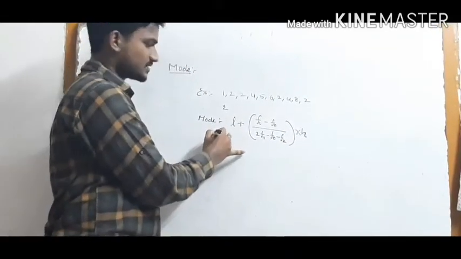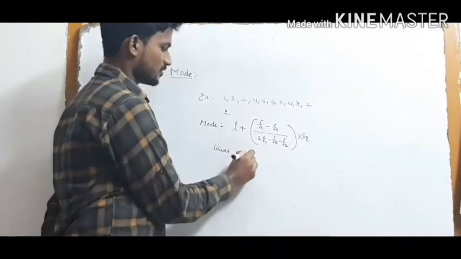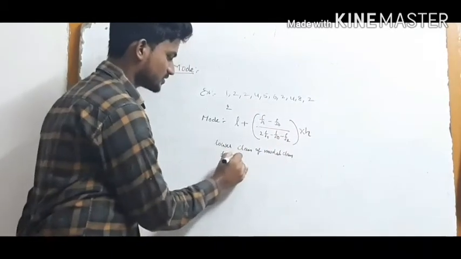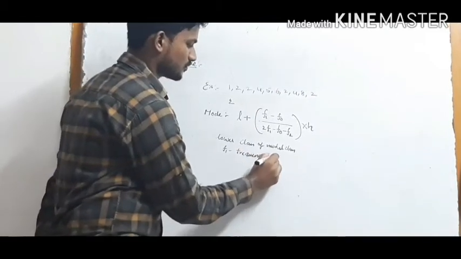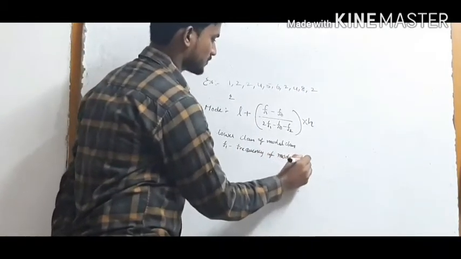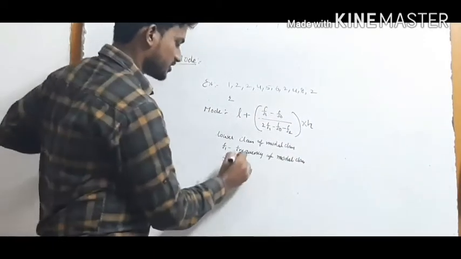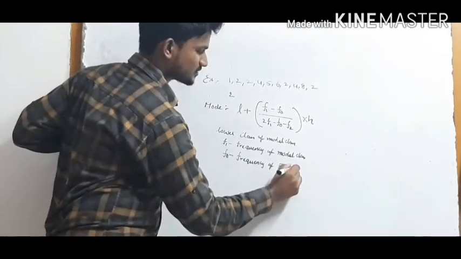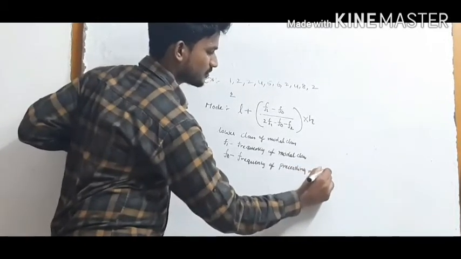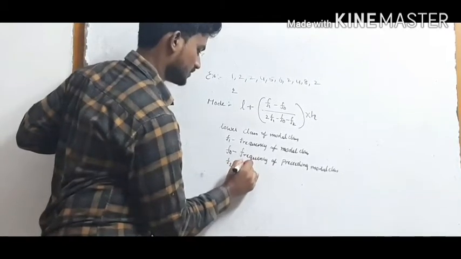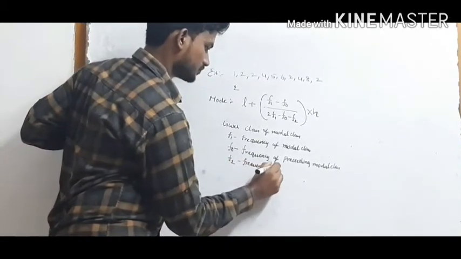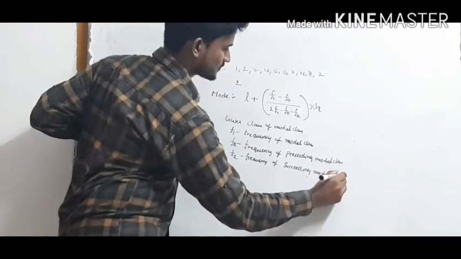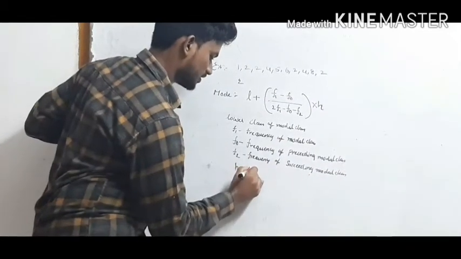Here L is the lower limit of the modal class, f1 is the frequency of the modal class, and f0 is the frequency of the preceding modal class. f2 is the frequency of the succeeding modal class, and h equals the length of the class.